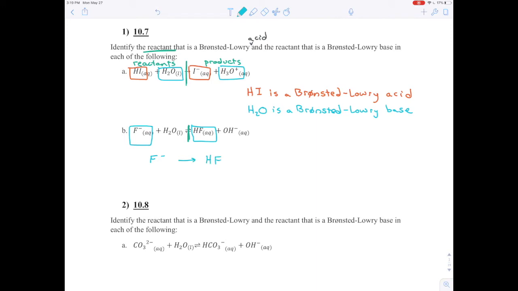Now, you want to see whether this F- accepted a proton or donated a proton. It starts with 0 hydrogens, 0 H+, and it ends up with 1. So it must have gained an H+, this H, and a plus charge.